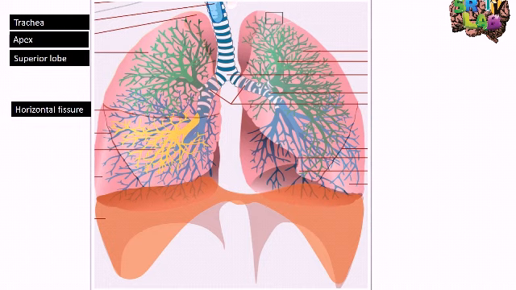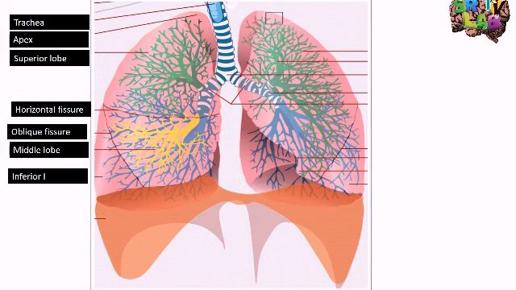It is the one that separates the superior lobe and the middle lobe. Then between the middle lobe and the inferior lobe, it is the oblique fissure. Then we see the middle lobe. Down we see the inferior lobe. And below the lungs we find the diaphragm.